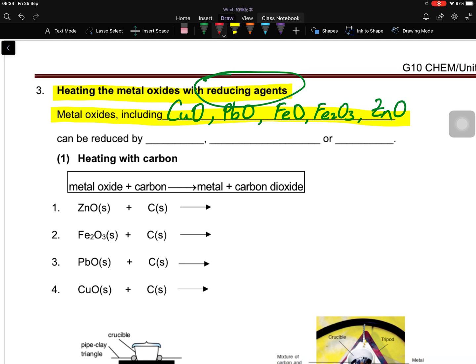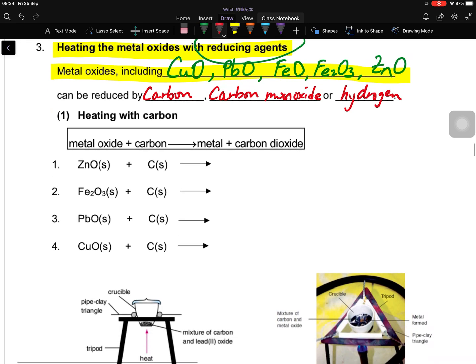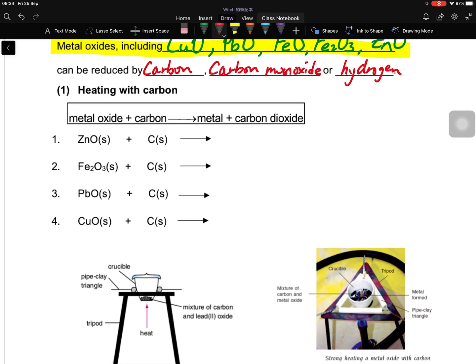And we need to heat the ore along with something more. We can have carbon or carbon monoxide or hydrogen. Now, as we mentioned before, first we need to memorize the word equation.